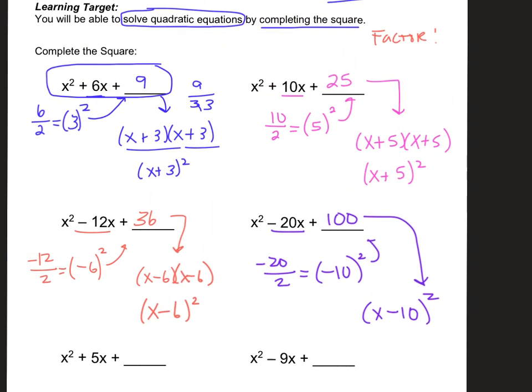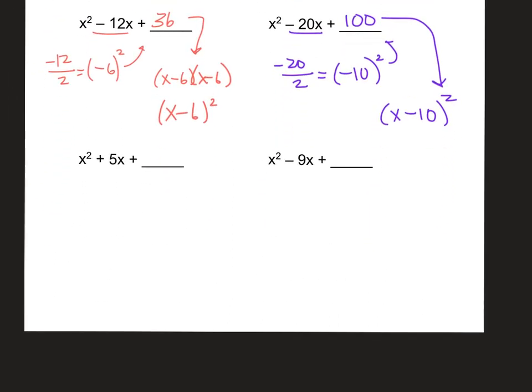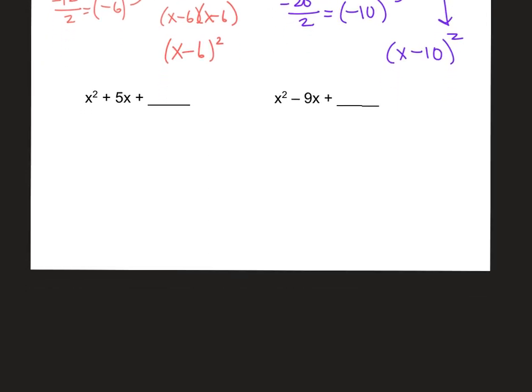That's going to happen every single time. Look, it happened right here too. We did our b over 2, we got 3. Here's a positive 3. b over 2, we got a 5. There's a positive 5. So what's so great about math is patterns emerge all the time. So when you recognize patterns, then you can use those patterns to make math a little bit easier for yourself.